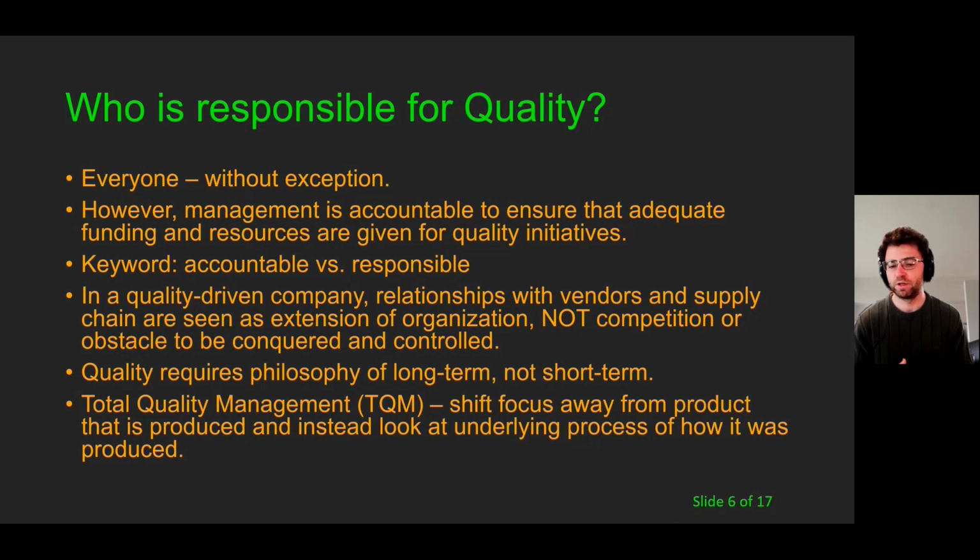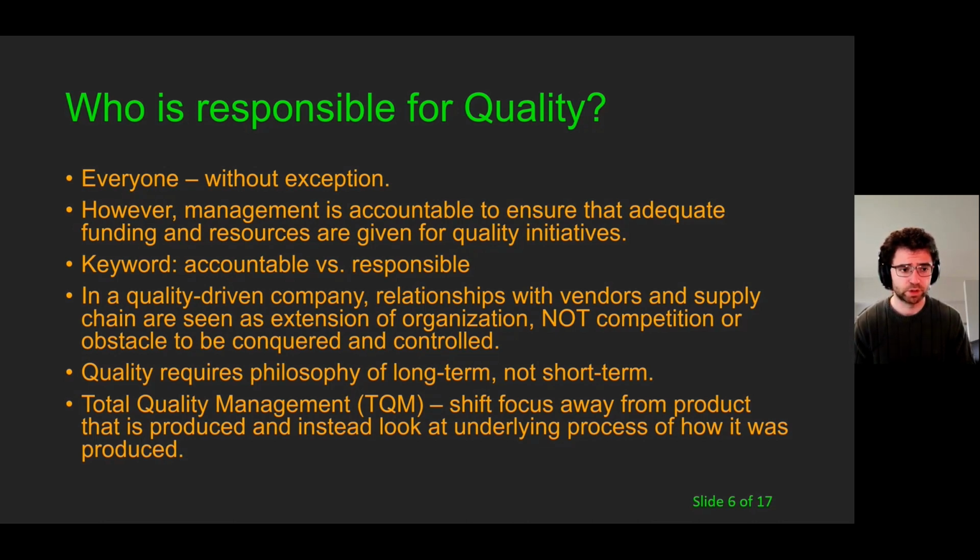This can range anything from training seminars to actual reviews of current processes, especially sometimes processes that might be serving, instead of improving quality, actually serving as a bottleneck and reducing innovation.